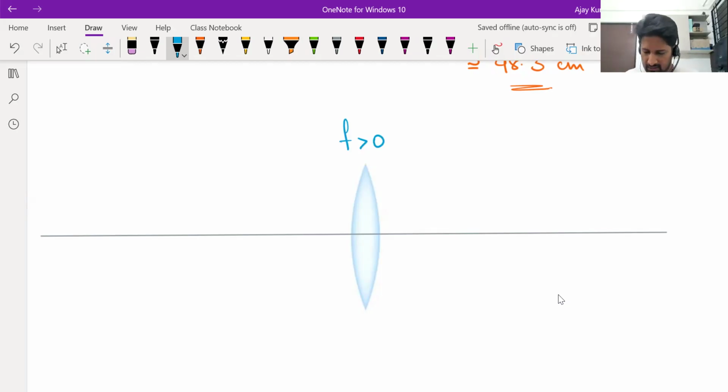For a converging lens, the important points which help you in drawing the ray diagram are the points at distances f and f on either side. That's a distance equal to the focal length. And you also need to consider points at distances 2f and 2f on either side. So if that distance from the optical center is f, then this will be 2f.